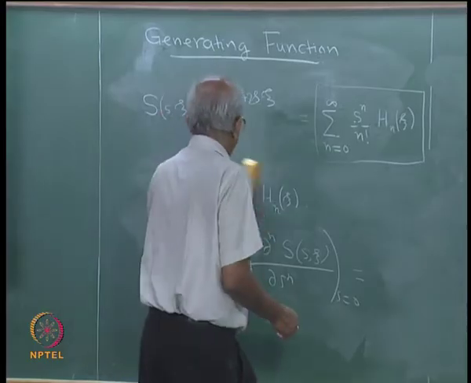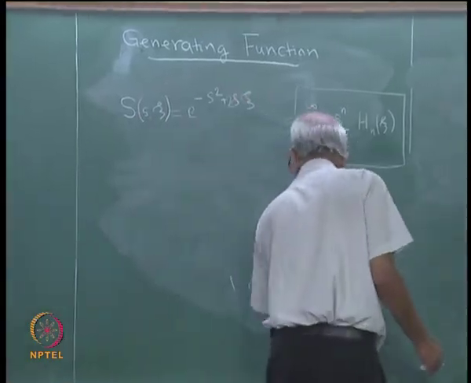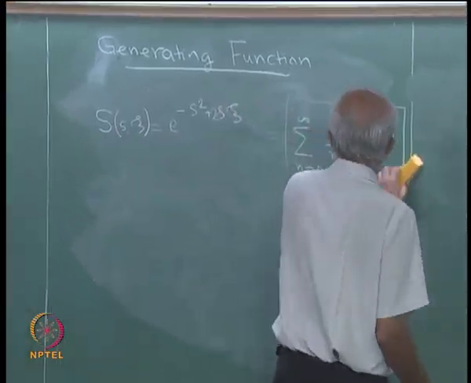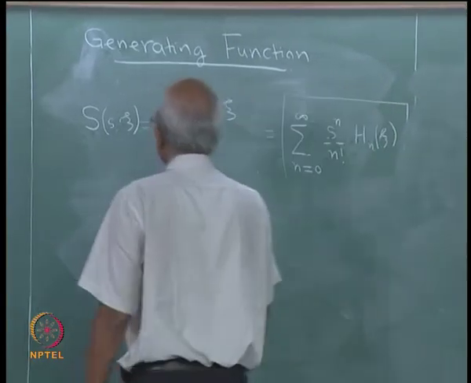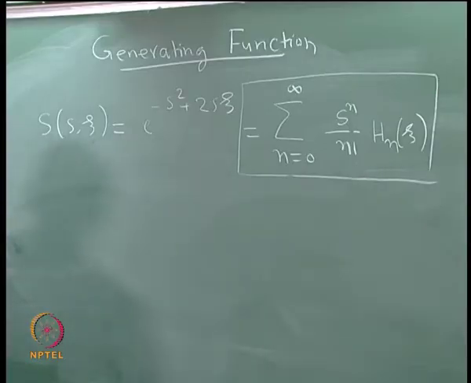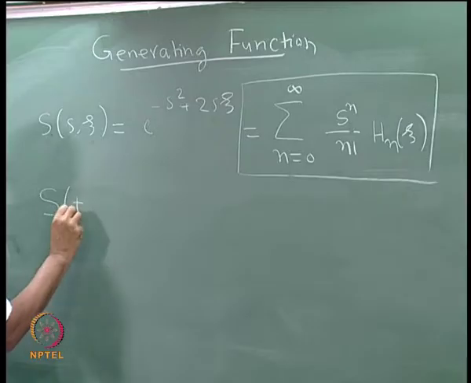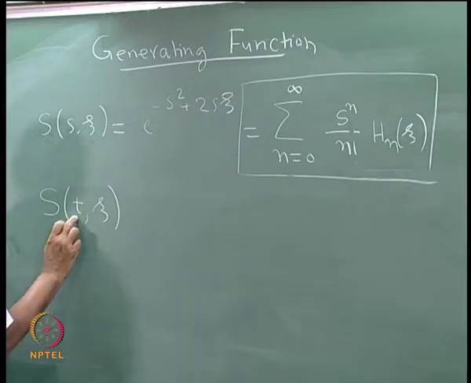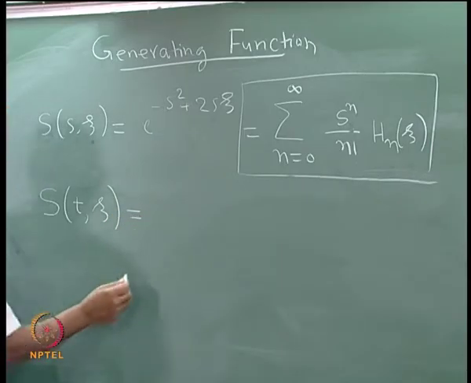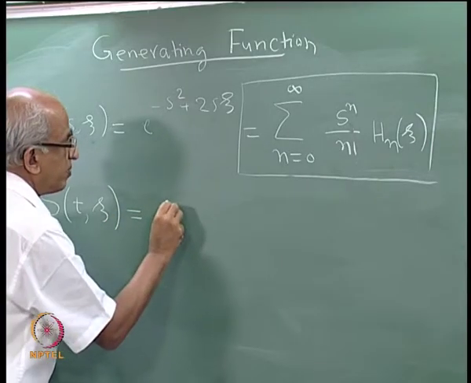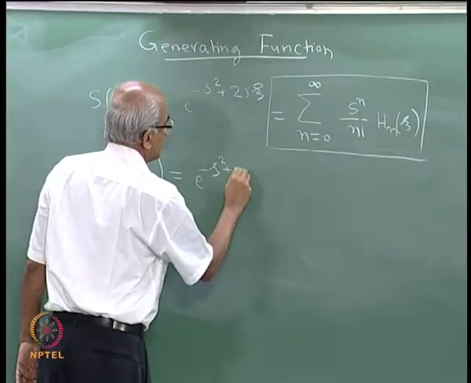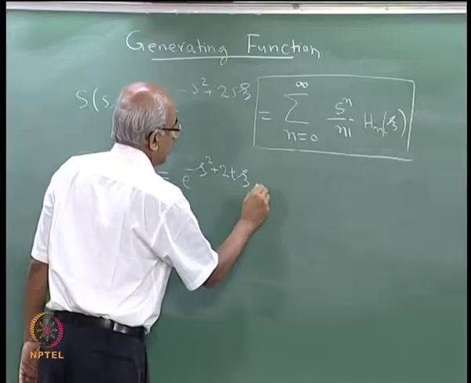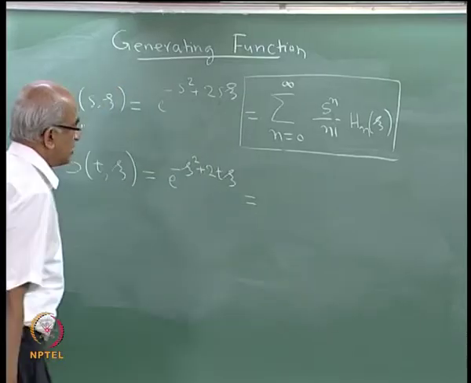See, this expression is my S. So, suppose I write this generating function once more. This time what I will do is I will not use the variable s, but I will use a different variable which I shall denote as t, and I shall write an expression for S of t and c. It would naturally be given by e to the power of minus c square plus 2 t c, and this you have to expand as a power series.